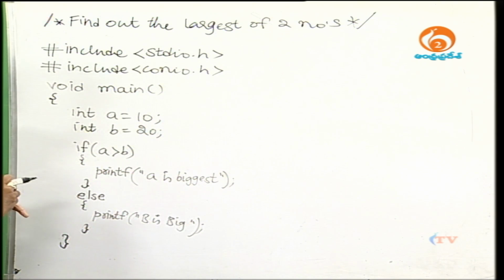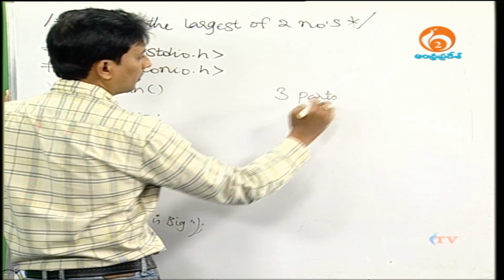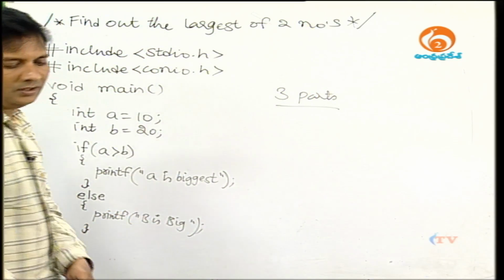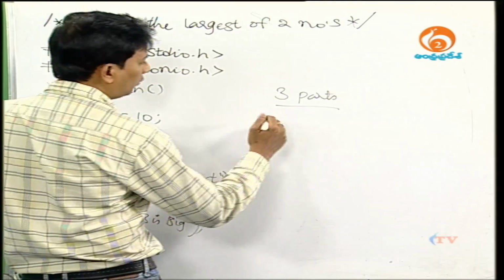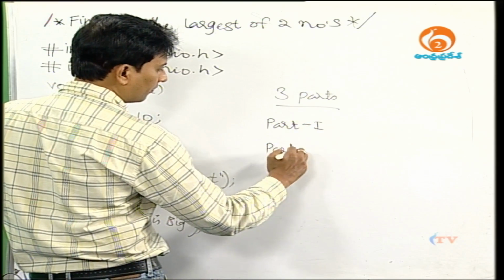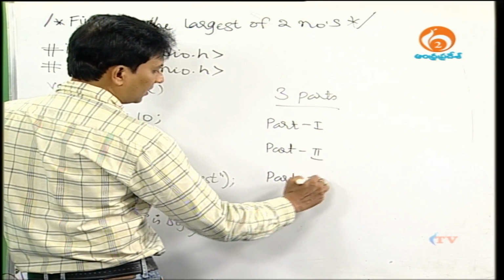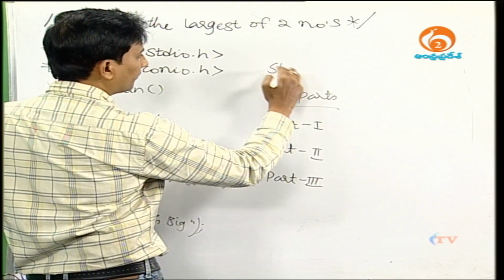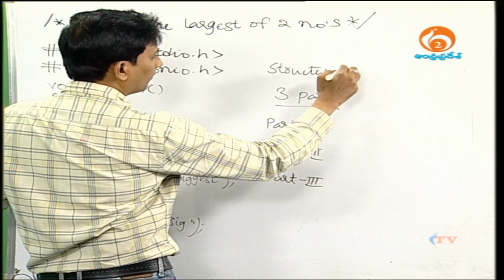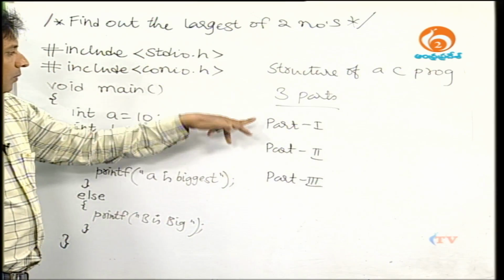Just as you can see here, the structure of a C program is categorized into three parts: part 1, part 2 and part 3.